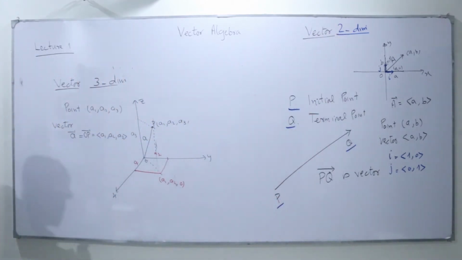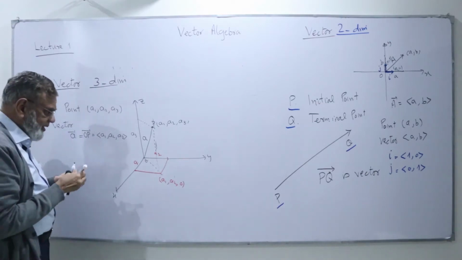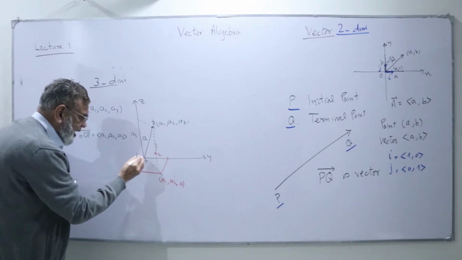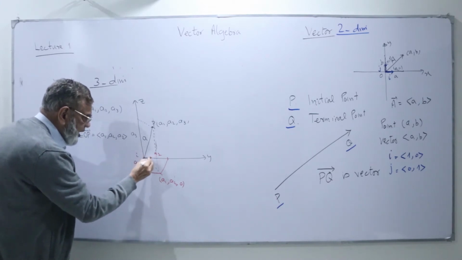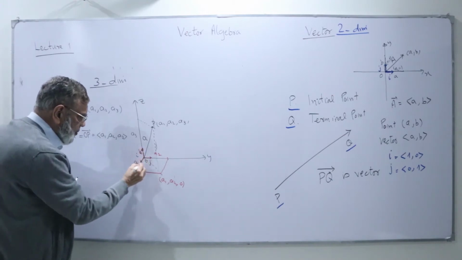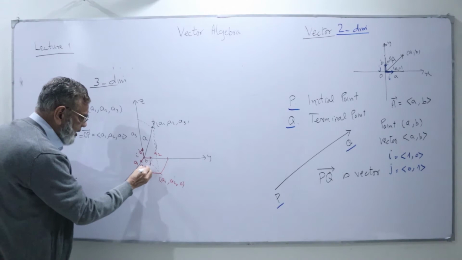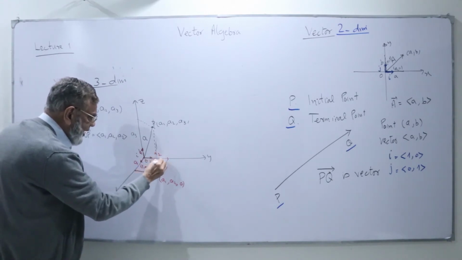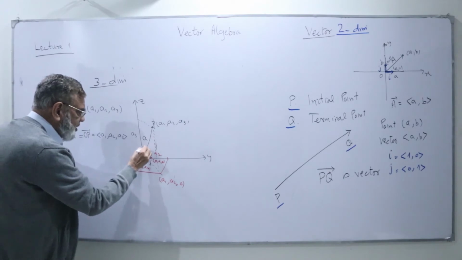Now I go a little further. As I mentioned in the last example, there are the unit vectors. This is my unit vector along the x-axis, with length 1. This is my i, this is my j, and this is my k. The coordinates of this point are 1, 0, 0; of this point 0, 1, 0; and of this point 0, 0, 1.